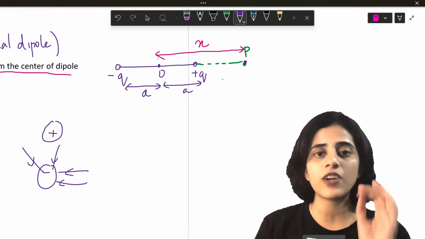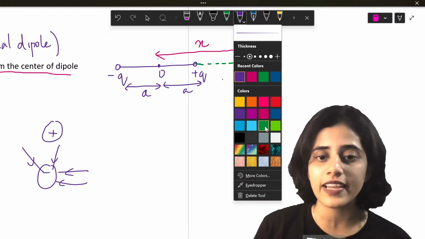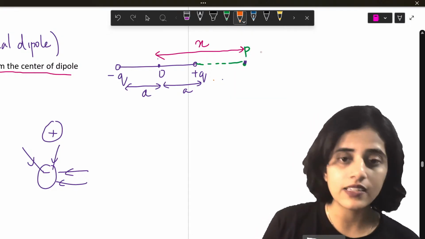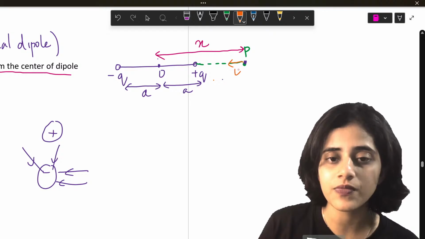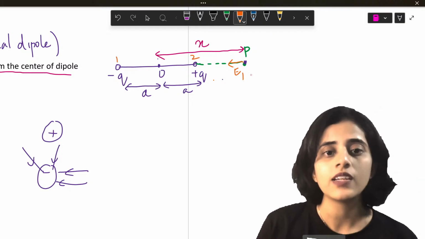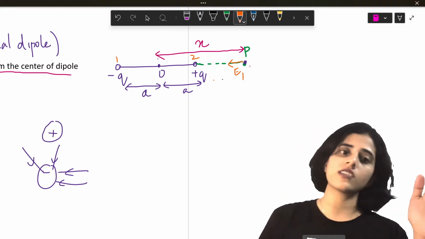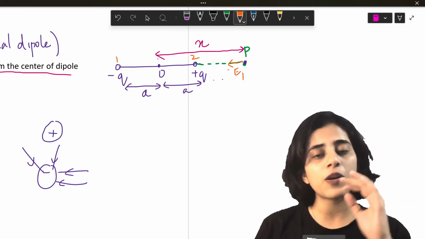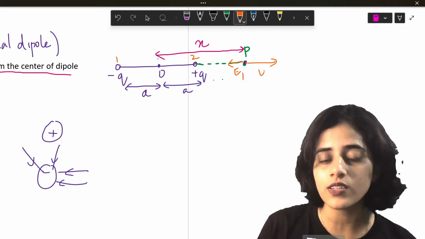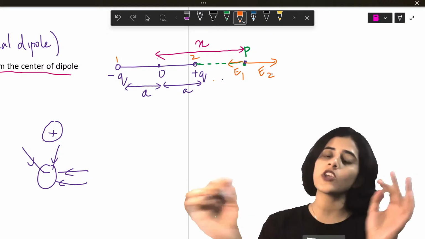So obviously from point P also, because it's a negative charge, field lines should be in this direction. So E1 is because of the negative charge, this is 1, this is 2. E1 is because of the negative charge, minus Q. Now from plus Q, the field lines always move away. So this has to be E2. E2 will be in the opposite direction.